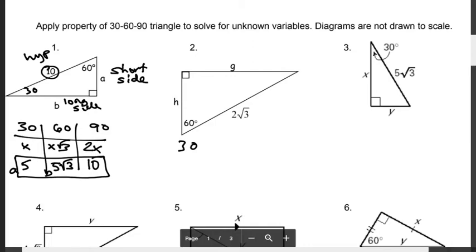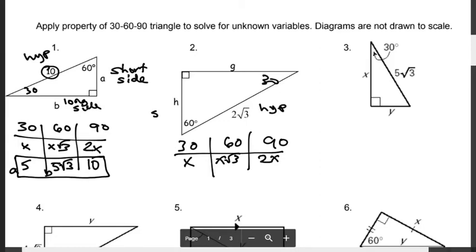Not too tricky when they have whole numbers, but let's look at one where they give me a radical. So I'm going to make my little chart right here. Again, in this case, they give me the hypotenuse. Here's my 30 degrees, so here's my short side, and here is my long side. So I have 2 radical 3 right there.